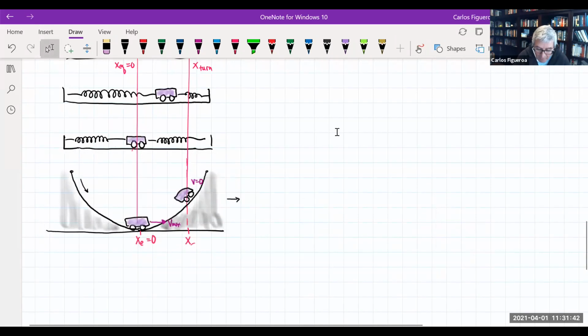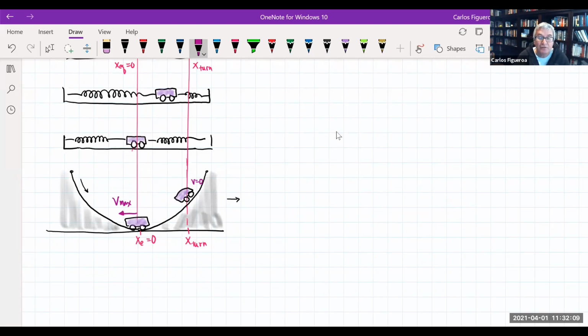Okay. And so what's actually happening here? Well, I have my cart doing what? It's now starting at V equal to 0. And you can see that when it gets to the very bottom, we expect the cart to be at V max.